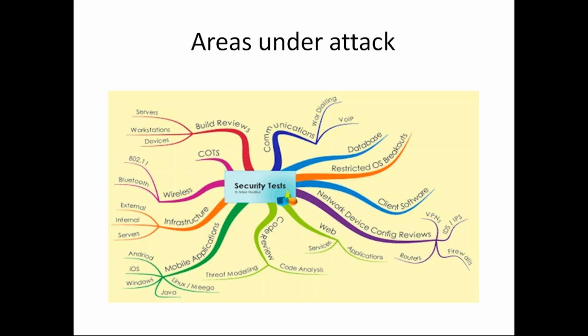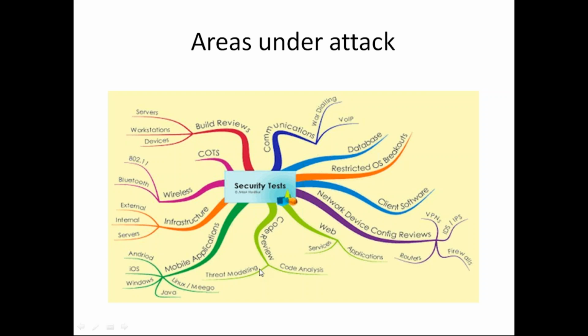Okay, so if we define it at a high level, we have the communication systems. It can be a wireless system or a wired system. Okay, we have databases, we have OS, we have the client software or the apps which we see on the front end, the network devices that are connected. It can be VPNs, routers, firewalls, etc., or the web applications or web services.